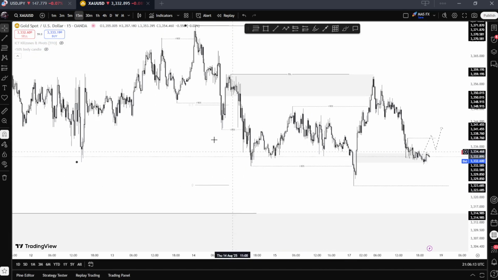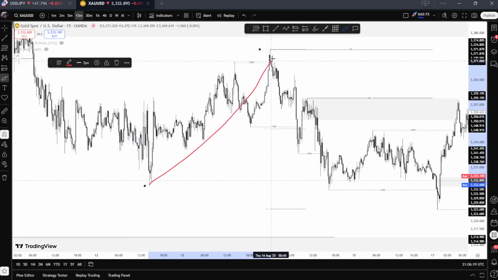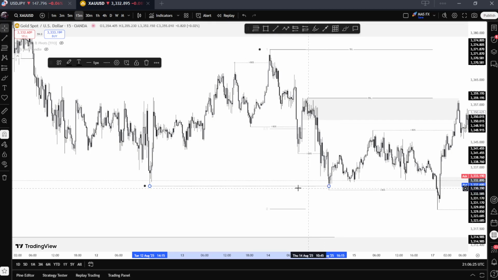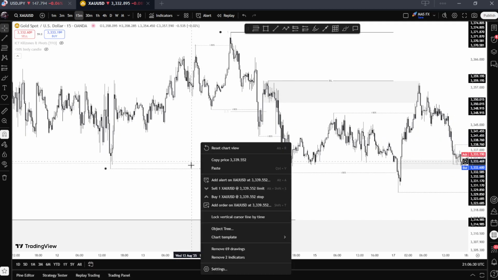So on the M15, you can see here this was the low, we created this high, we came back down, we failed to close below this low. So as I see here, we had a sweep of this low right here.